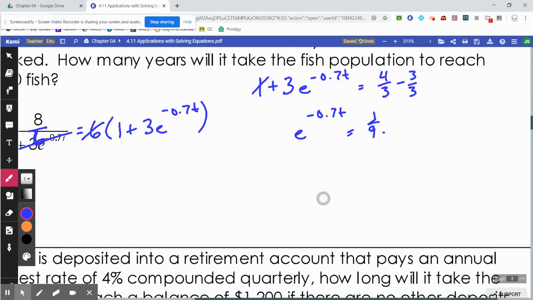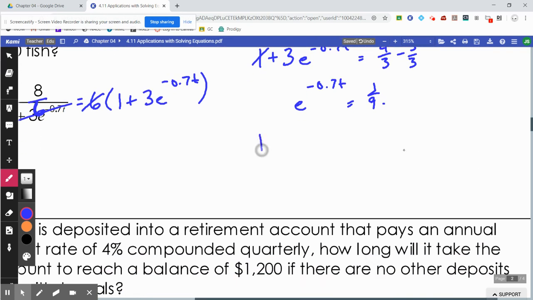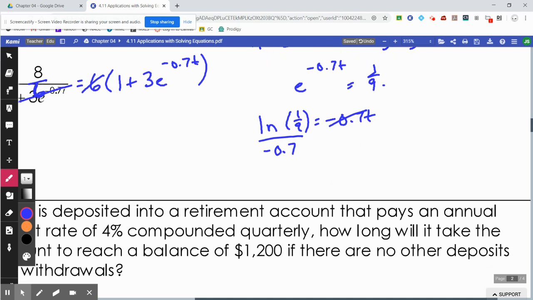And now we can change forms. This would be log base e of 1/9 is equal to negative 0.7t. Cross out the negative 0.7 by dividing, since it's being multiplied, and you're going to get here the exact answer. Now, if you want to change that, you could write 0.7 as 7/10.